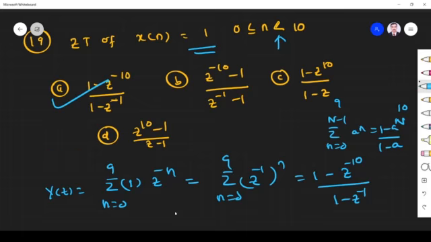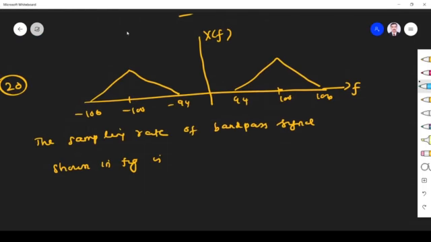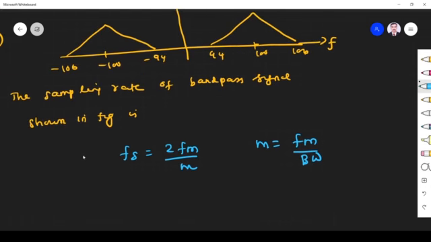Right? Okay. Next one. What is the sampling rate of the given bandpass signal? For bandpass signal, sampling rate Fs is equal to 2Fm by M, where M is equal to Fm by bandwidth. So what is Fm? Fm is the maximum frequency component, that is 106. Bandwidth is the difference between upper and lower cutoff frequency, 12.